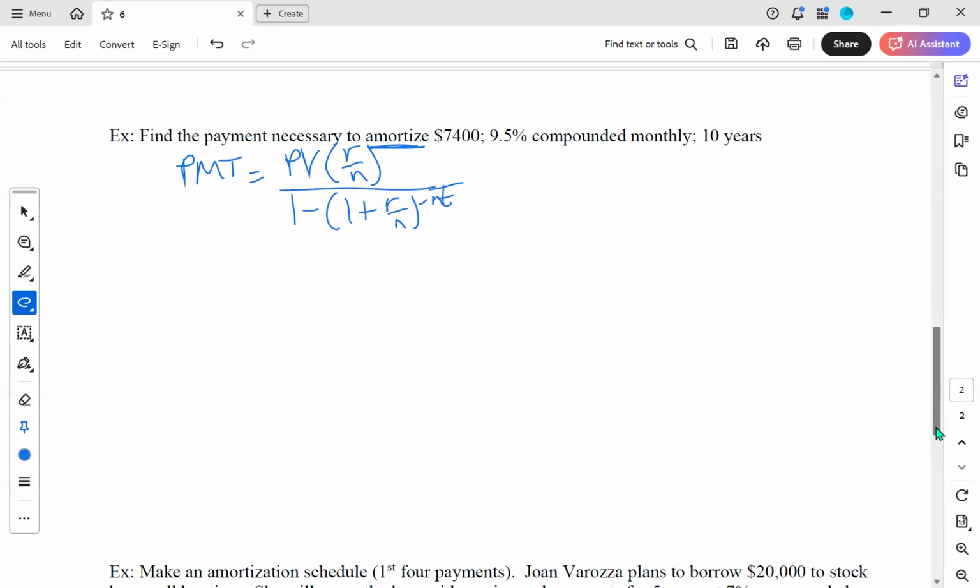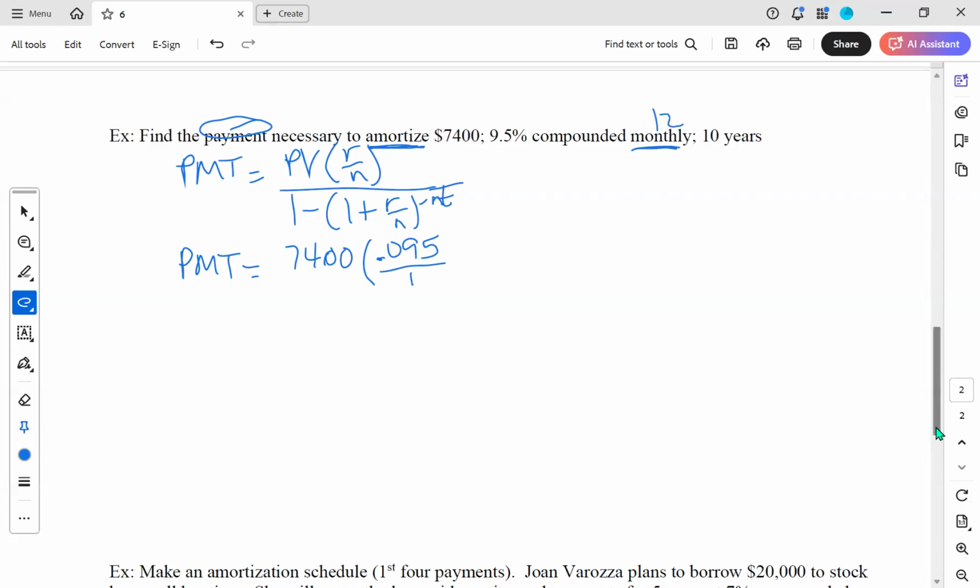So plugging in our information, we are trying to find the payment. So I'm not going to plug anything in there. So I've got payment equals present value. So that's the 7,400 times our rate of 0.095 divided by compounded monthly.